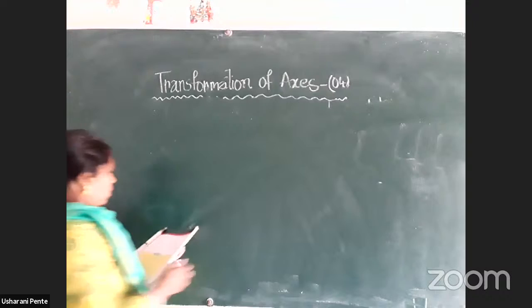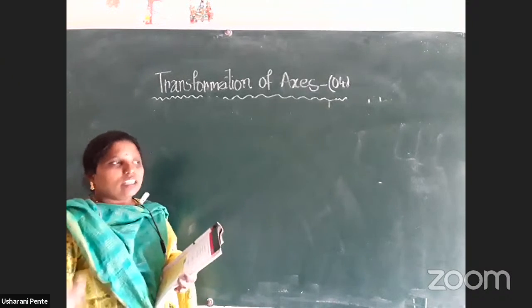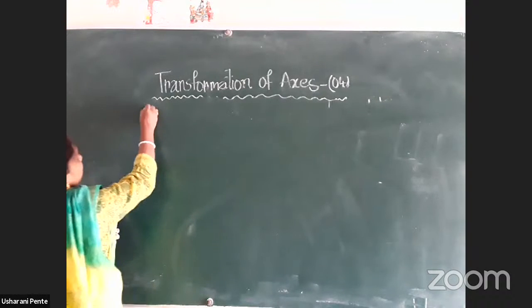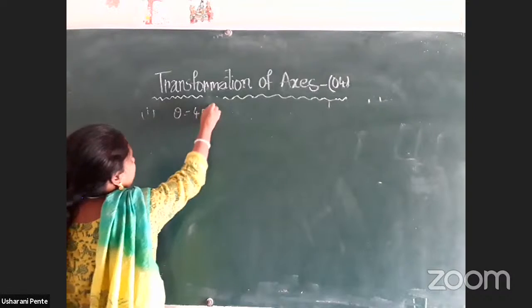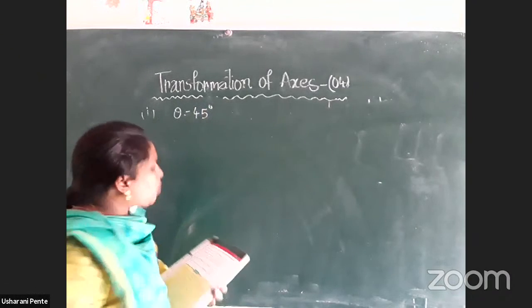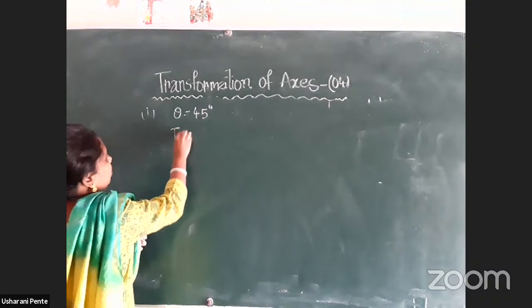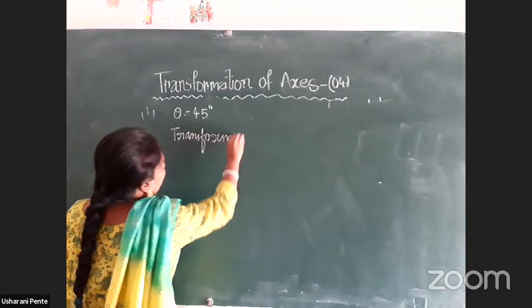That is, when the axes are rotated to an angle theta equal to 45 degrees. Here theta is equal to how much? 45 degrees. They have given the transformed equation.